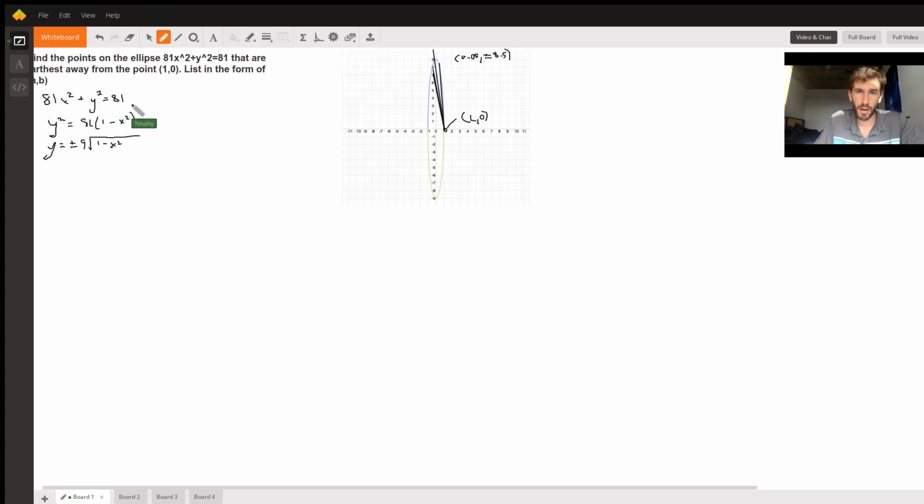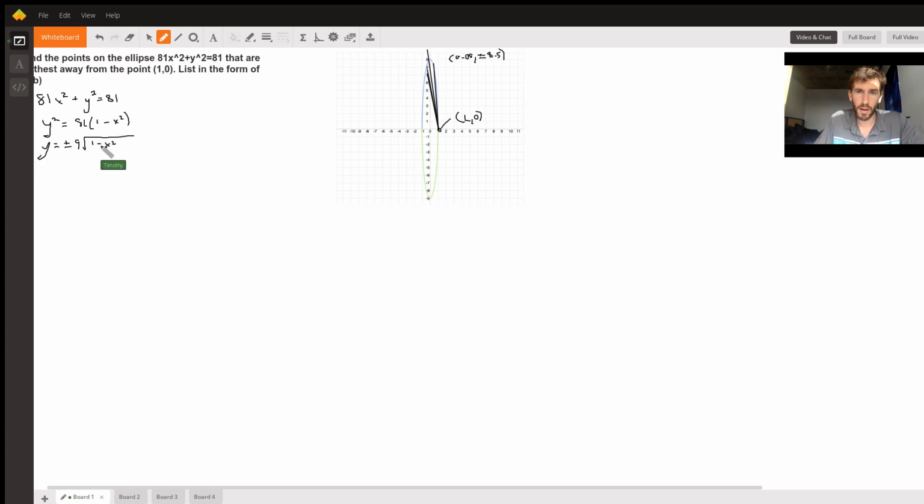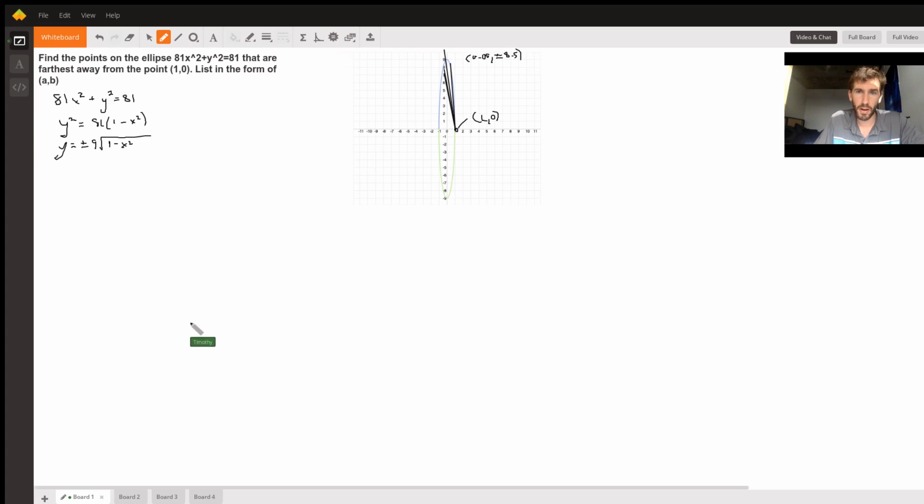All right, so once we have that, we can verify that the point 1, 0 does lie on the ellipse, because if x is plus or minus 1, y is 0. So that means that point's valid.